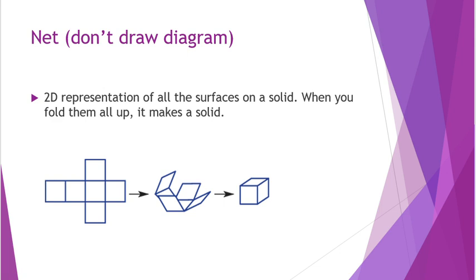A net is a 2D representation of all the faces on the solid. A solid is just another word for 3D shape.